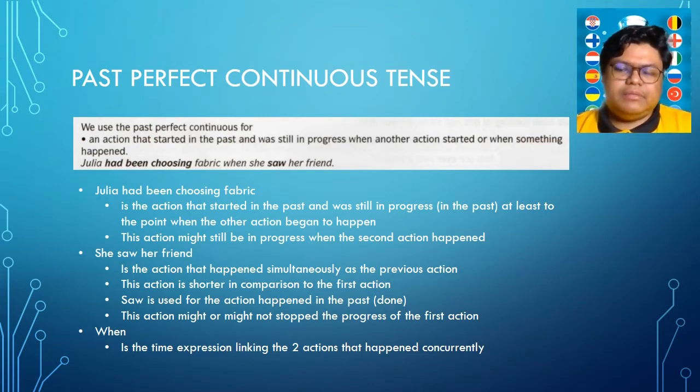So depends on how the sentence is continued. Right, we use when for the time expression linking the two actions that happen concurrently. Okay, so when tu lah dia jadi penghubung antara dua action. Okay, so let's move on.